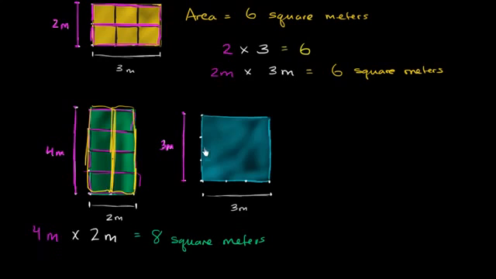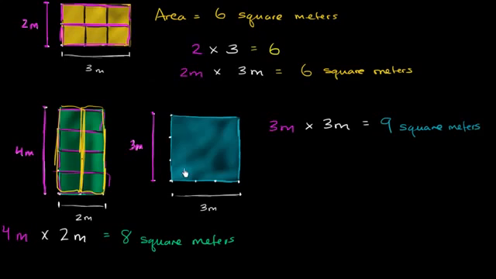Now, you could probably figure out what the area of this rectangle is. Actually it's a square because it has the same length and the same width. We multiply the length, 3 meters, times the width, 3 meters, to get 3 times 3 is 9 square meters.